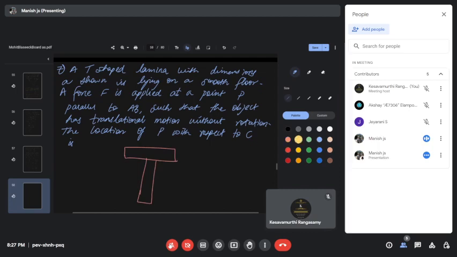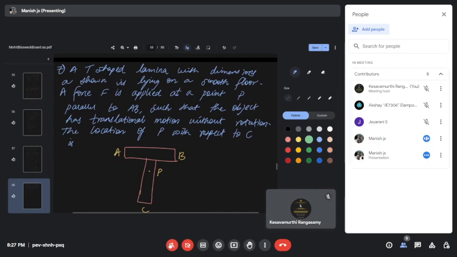So I'm giving you the dimensions also. So this end is A, this end is B, and this is C at the bottom. Okay. And you have a point P which is there here. Same way. Yeah. So you have a point P here. And the length is also given.